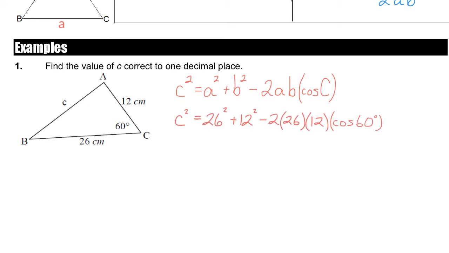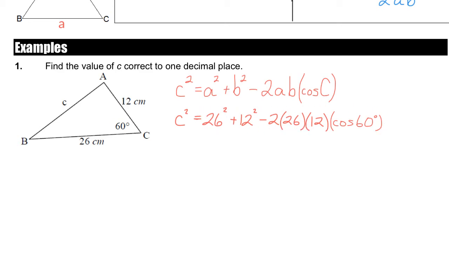But once you fill in your numbers, then you just plug this into your calculator. Remember, this is just multiplication, so it's 2 times 26 times 12 times the cosine of 60. If you have a nice calculator, you can just type all this in one step, exactly as it looks.